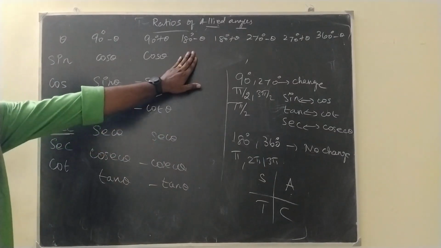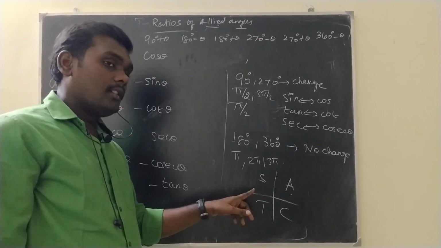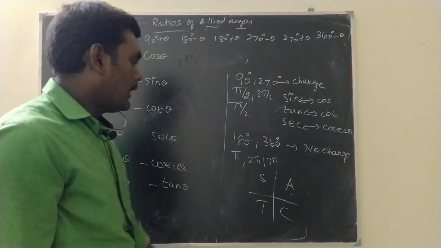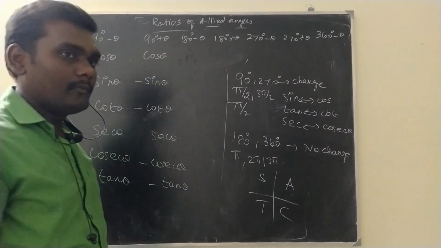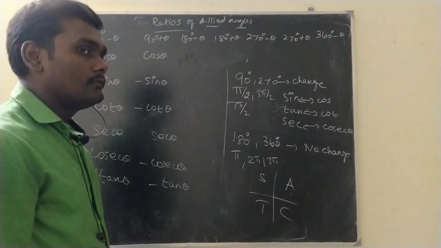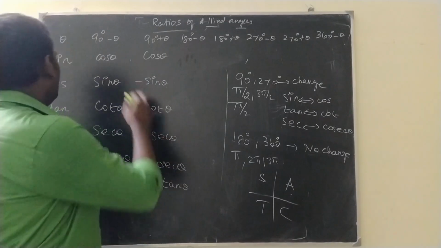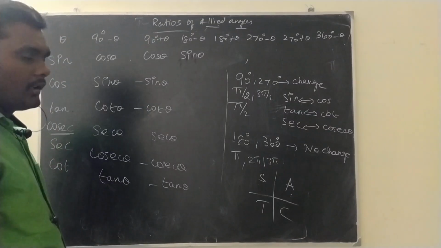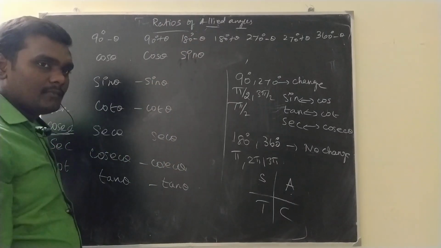Then 180 degree minus theta. Simple. Which quadrant? Think well and answer. Second quadrant. Okay, correct. Then sine 180 degree minus theta. 180 degree, change or no change?